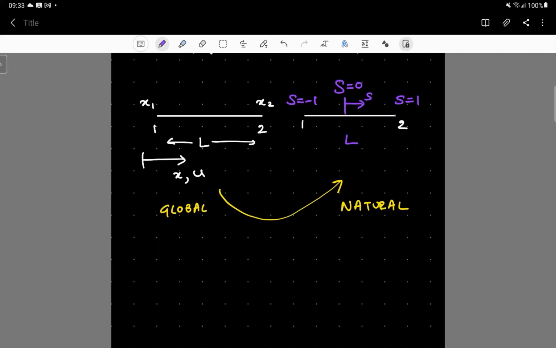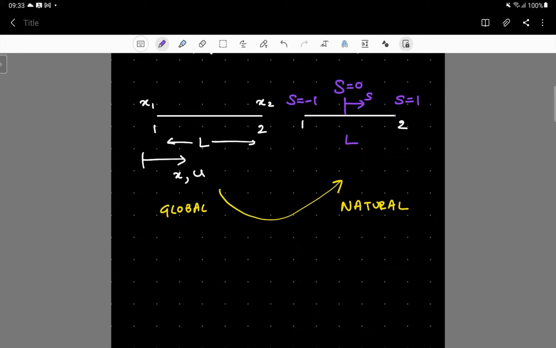As I mentioned before, this natural coordinate system does not depend on the element shape or the orientation of the element, so you can decide according to your wish. But only for this problem, I have selected it to be parallel to the x coordinate system, just for simplicity.